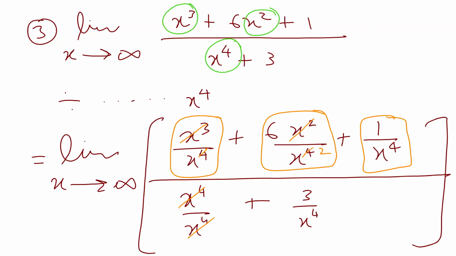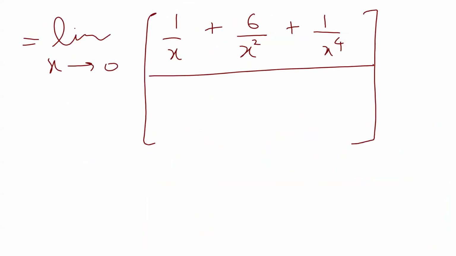Denominator: 1 plus 3 upon x raised to 4. And x is approaching infinity, sorry.